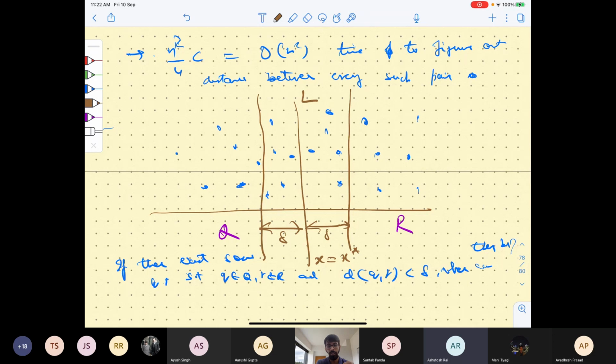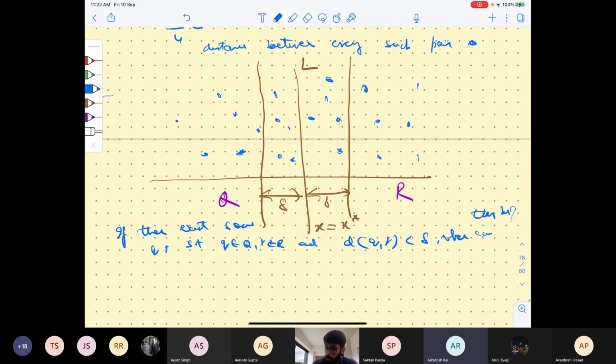Both of them have to be there. Okay, so this figure is wrong, because this was the last point in Q. No, this is fine, this is the last point in Q. That's right. So can you see the proof of this? What does the lemma say? Let me write it more formally.